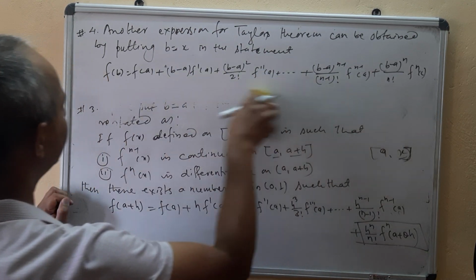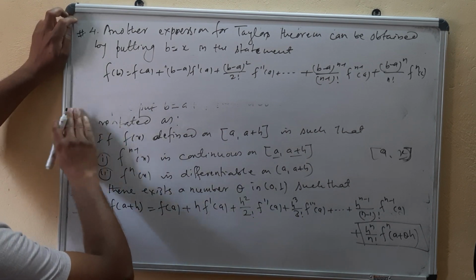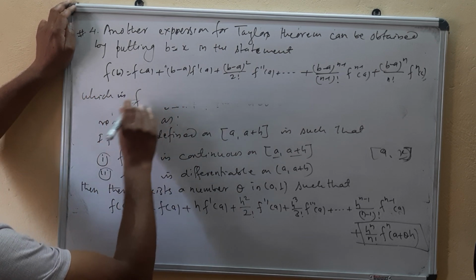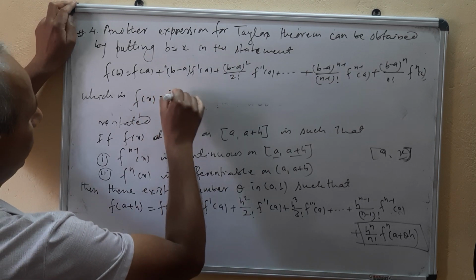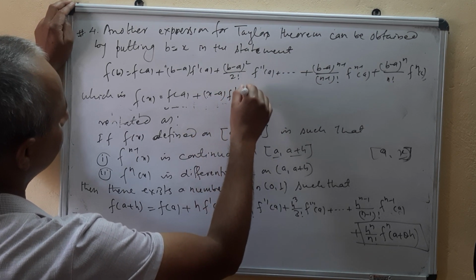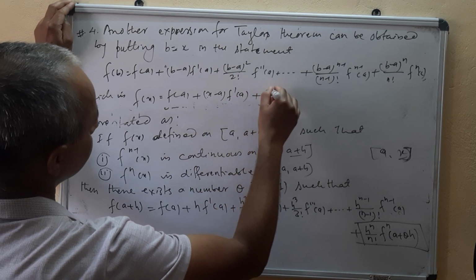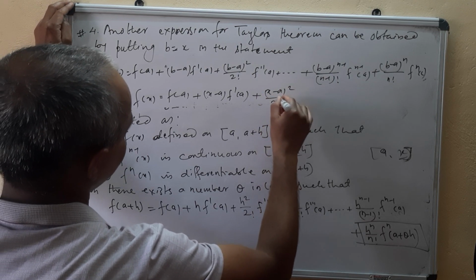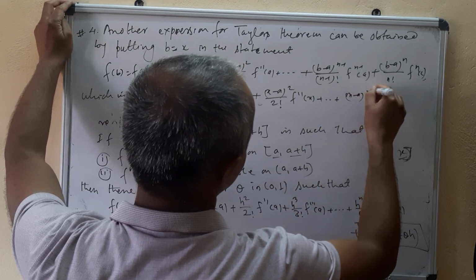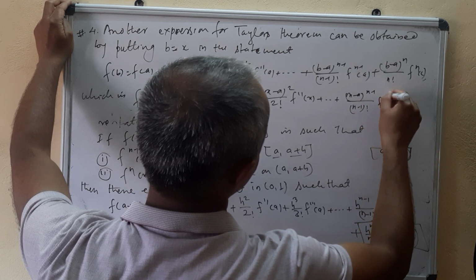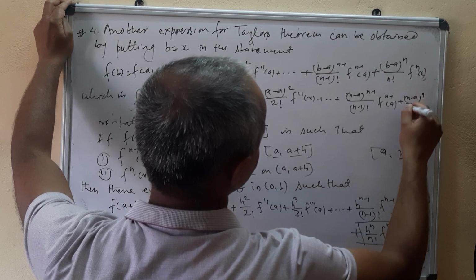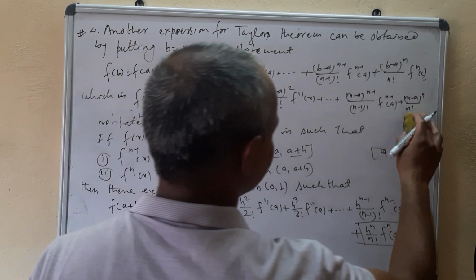In this statement, we will replace b by x to get, which takes the form f of x equal to f of a plus x minus a f dash of a plus x minus a whole square upon 2 factorial f double dash of a plus x minus a whole power n minus 1 upon n minus 1 factorial f n minus 1 of a, and at last I'll write the last term below it, okay?